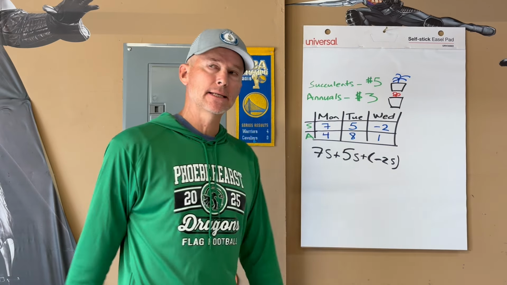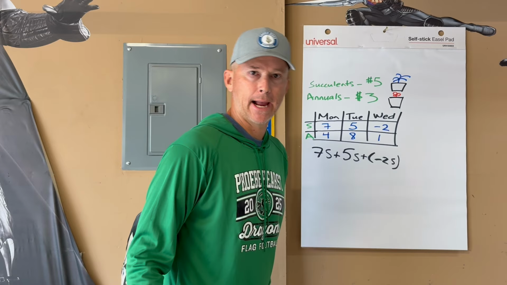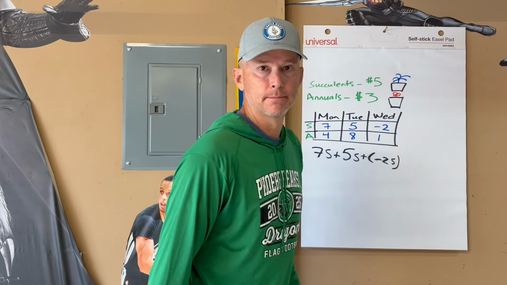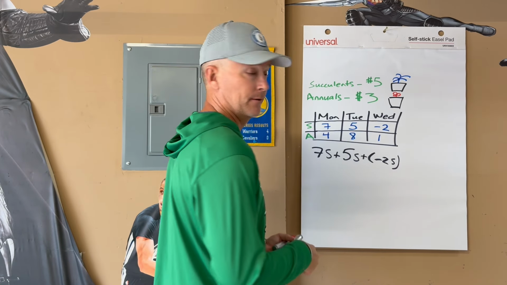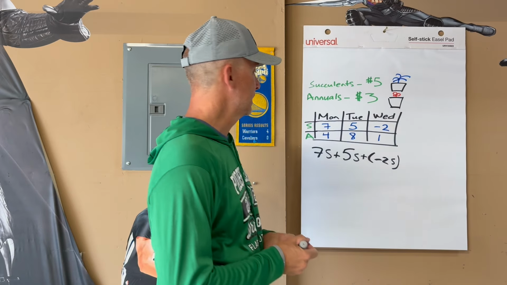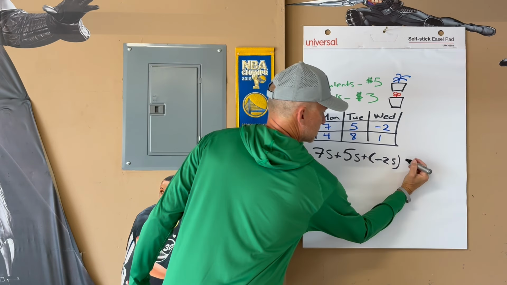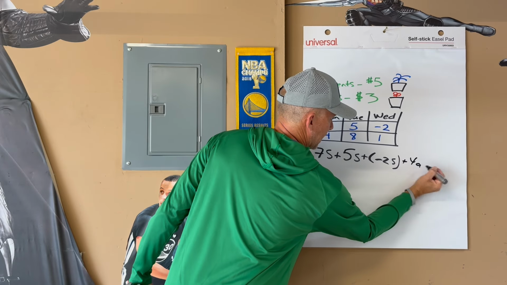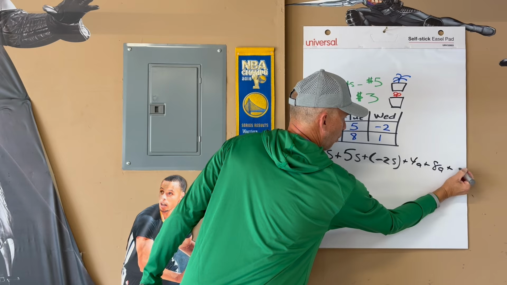What that means is 2 people brought them back. They killed them. I don't know how you kill succulents that quickly, but they did. Okay, so now we're going to do annuals. Okay, plus 4A plus 8A plus 1A.